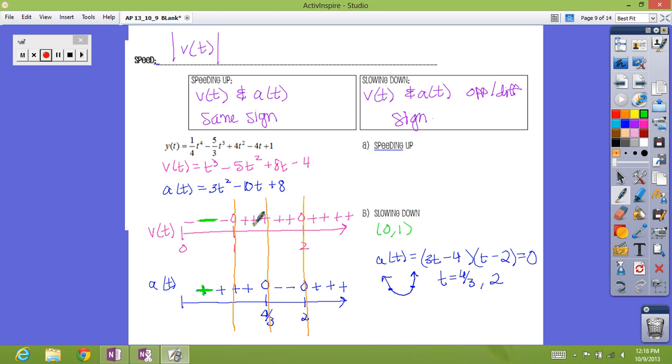I know that because velocity is positive and acceleration is positive, from 1 to 4/3, I'm speeding up. Because velocity is positive and acceleration is negative here, I know that from 4/3 to 2, we're slowing down. And because these are both positive, I now know that from 2 until infinity, I'm speeding up. Okay?